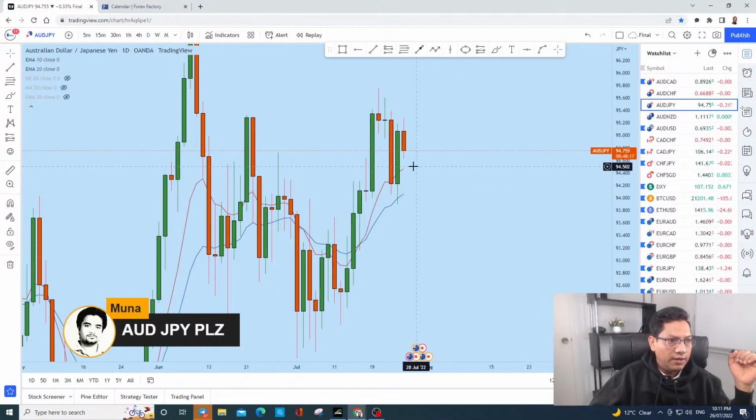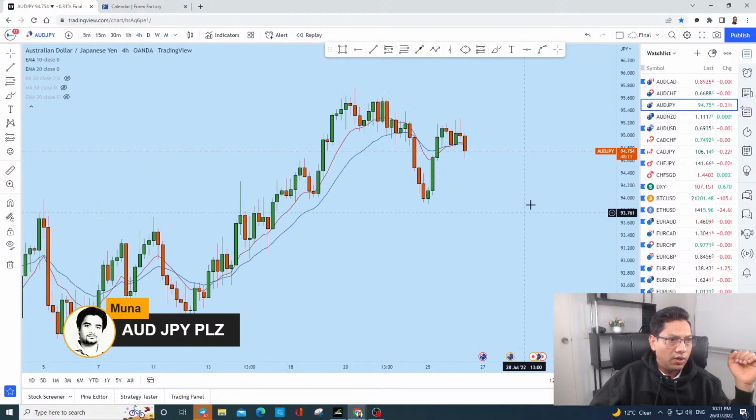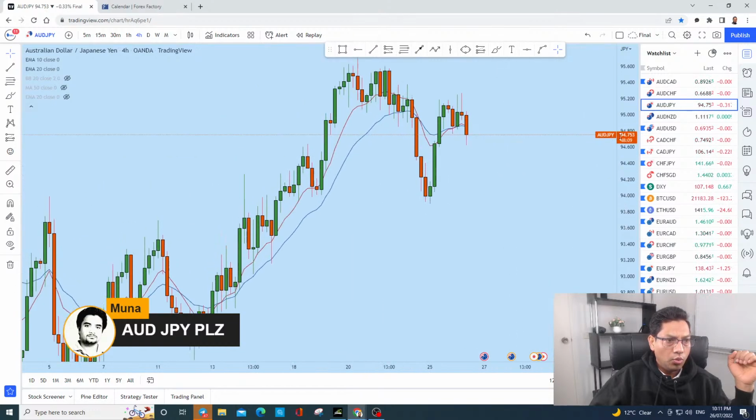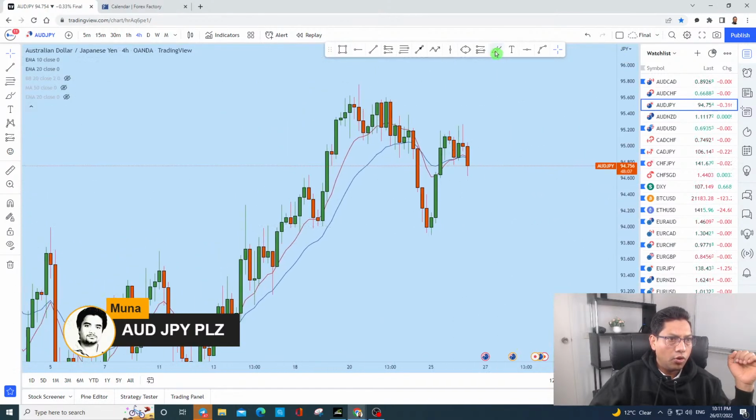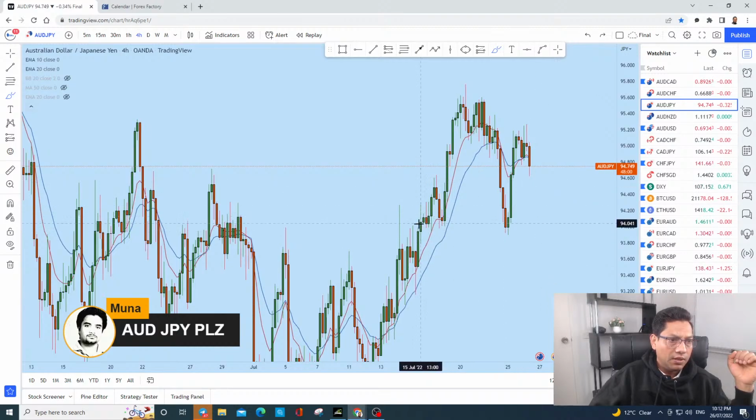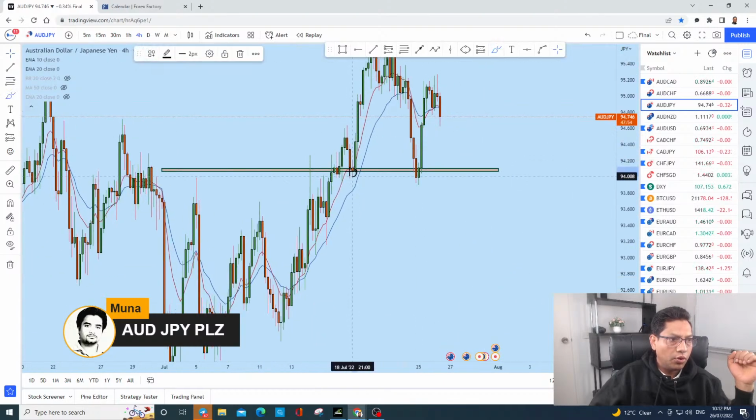At this point, the price is coming down. That's good. I think it's coming for a retracement. Looking at the 4 hour, this is where we see that this move on Aussie Yen is a liquidity grab. The price has broken this support, and then reversed to the upside.